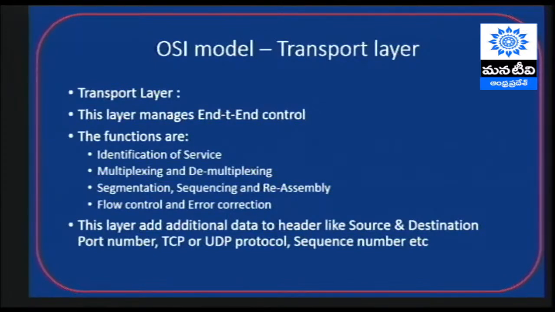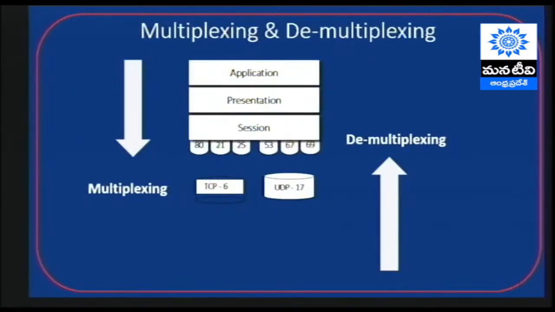So, let us look at what is happening in multiplexing. When you open multiple applications, like multiple browsers, a browser along with FTP or Telnet, multiple application requests are coming and they are being multiplexed by the transport layer. When the request goes out of your computer and when the reply comes back, we use the function called demultiplexing.